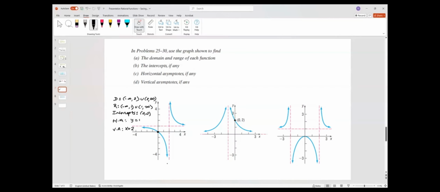What else do we know? We know that this vertical asymptote x equals 2 comes from a factor (x minus 2) to the power of n, and this n, the exponent, is odd because the behavior near the vertical asymptote suggests that.